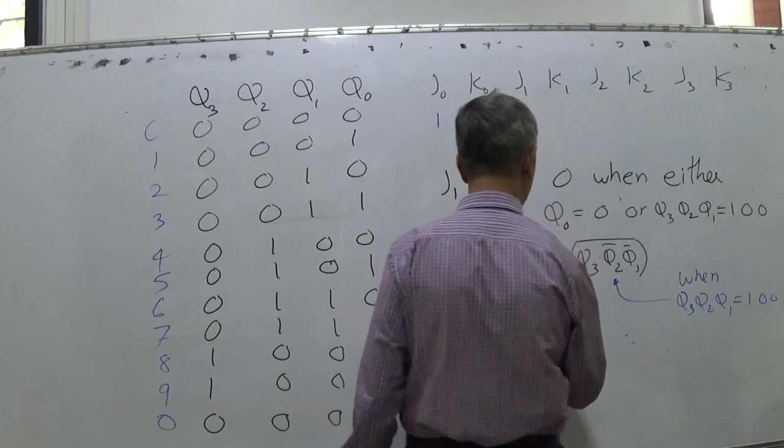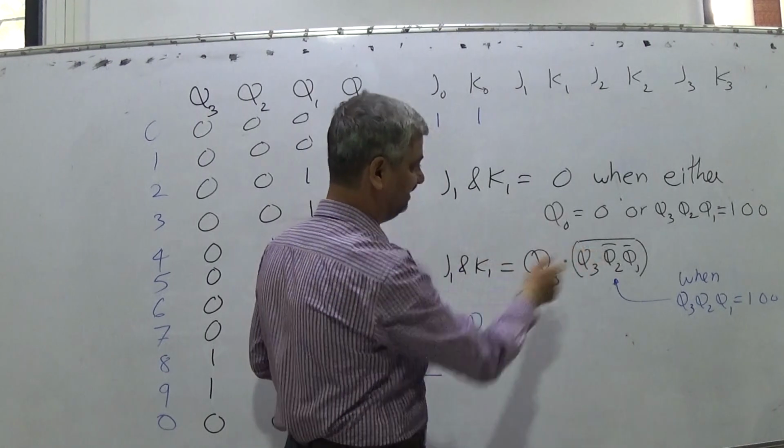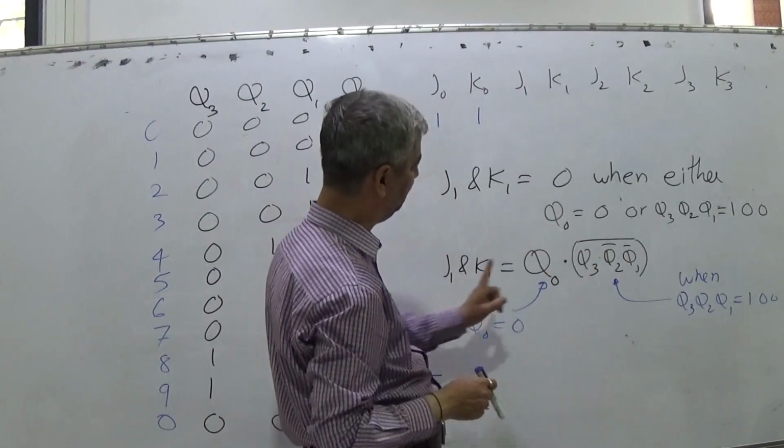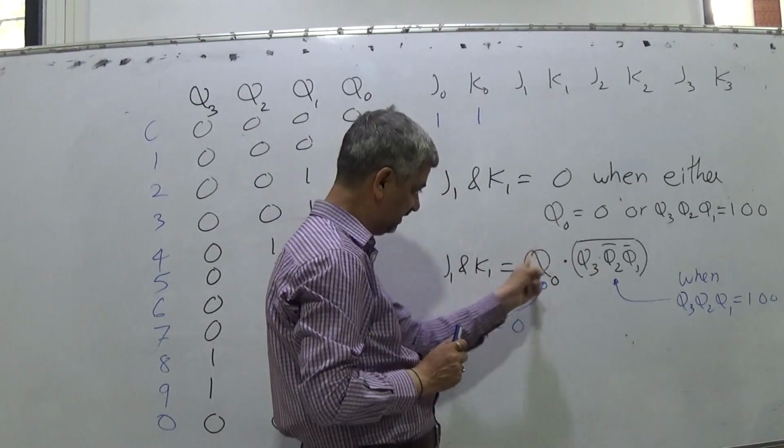When this becomes 0, when Q0 is 0, and it is ANDing. So if any of them is 0, the product is 0.